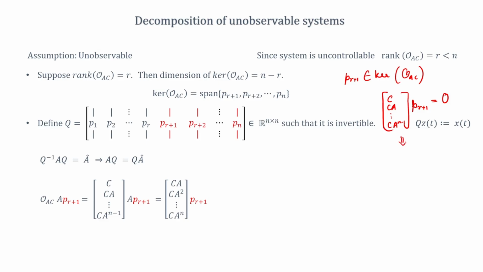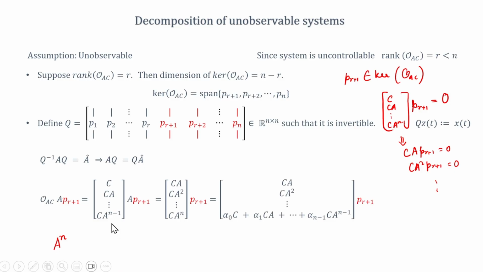Which means that CA into p r plus 1 is 0, CA square into p r plus 1 is 0, and all the other terms are 0. Okay, now the important point here is what about CA to the power of n into p r plus 1. But we know that A to the power of n can be written down in this form by the Cayley-Hamilton theorem. What does the Cayley-Hamilton theorem say?